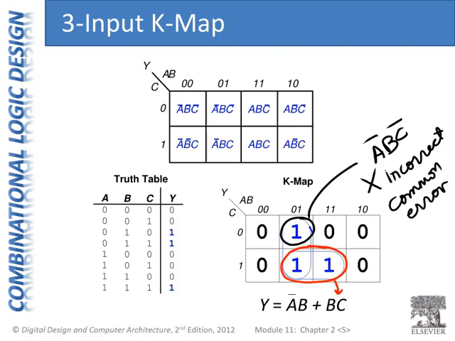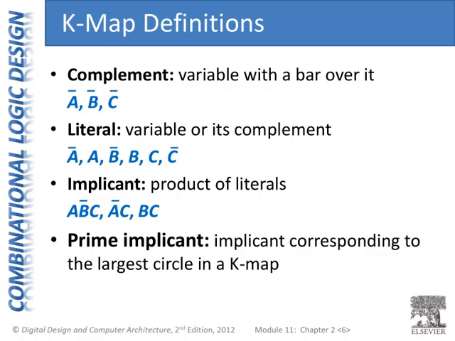So the correct version is, in fact, our big circle that corresponds to this implicant, this product term. So let's come back to some K-map definitions. We've talked about these before. Let's review them briefly. A complement is a variable with a bar over it. A literal is a variable or its complement. An implicant is a product of literals.